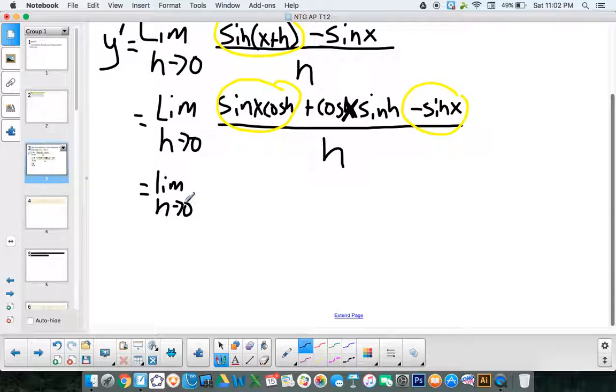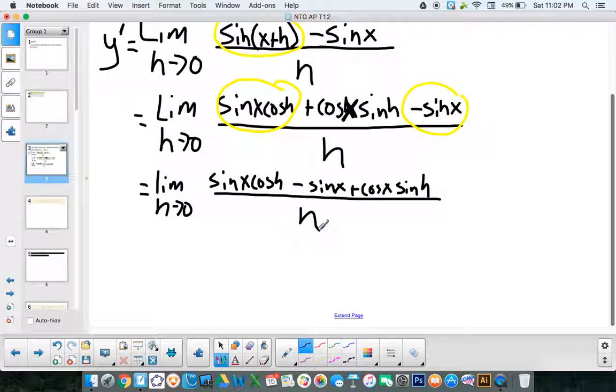The limit as h approaches 0, sine of x, cosine of h, minus sine of x, plus cosine of x, sine of h, again all over h. Now as I simplify this, the first two terms both have sine of x in them.